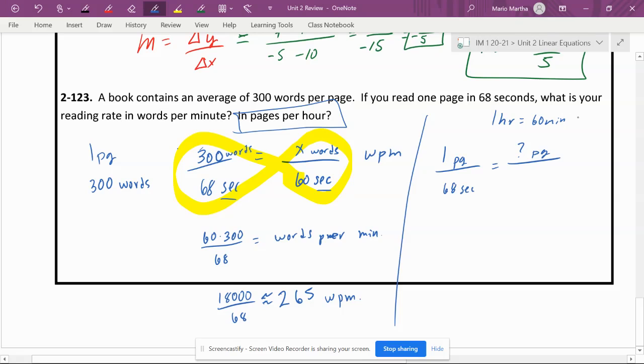So 60 times 60 gives us 3,600 seconds. All right. And again, we cross multiply. So that gives us 3,600 divided by 68. And that's going to be pretty much close to 53 pages in 1 hour.